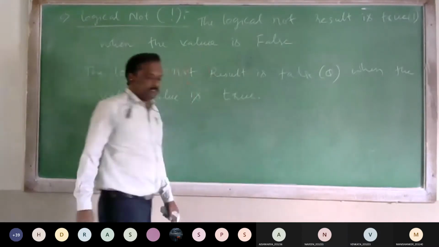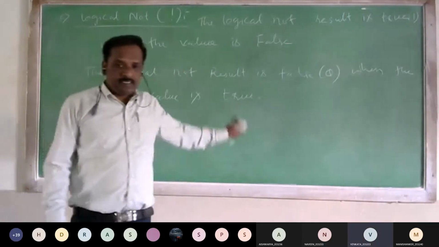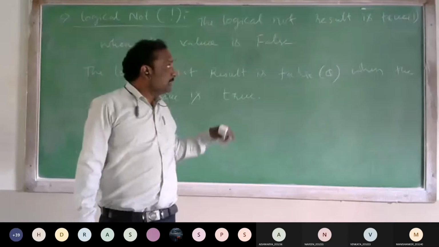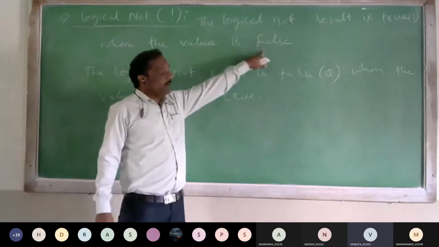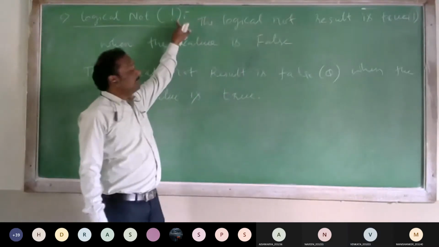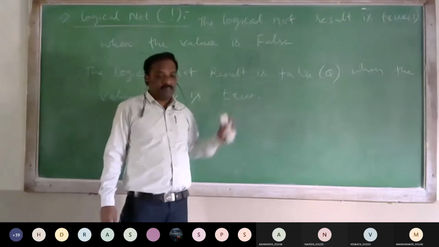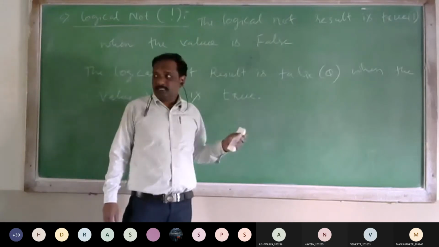So this logical NOT operator will take only one variable. If the variable value is false, then the result will be true. If the variable value is true, then the result will be false, and vice versa.